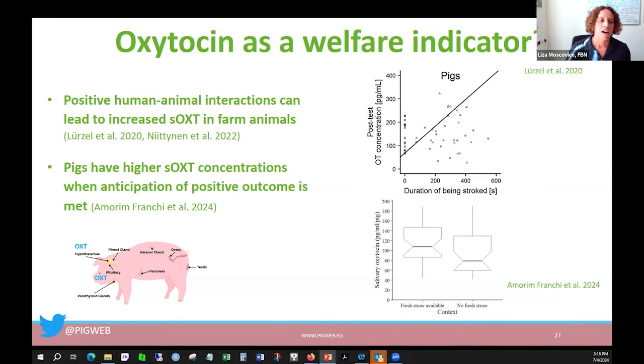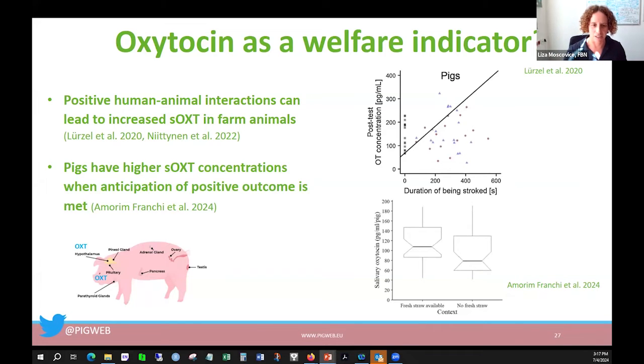Also, interestingly, a study that just came out from PIGWEB, recently published, shows that pigs have higher salivary oxytocin concentrations when they have been trained to expect a positive reward. In this case, the receipt of straw at a certain time every day, where they hear a sound and they know they're going to get the straw.